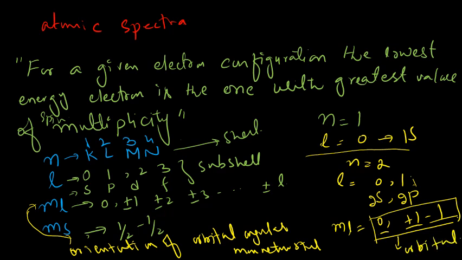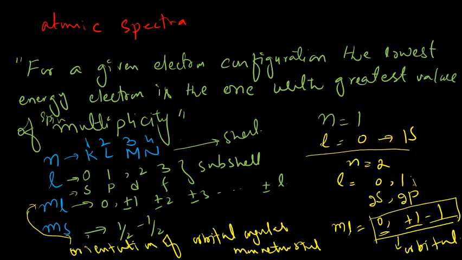According to the Pauli exclusion principle, a maximum of two electrons with different sets of quantum numbers can occupy the same quantum state. So if two or more orbitals of the same energy are available, for example for l equals 1, ml has the values 0, plus 1 and minus 1, we have three orbitals of the same energy.